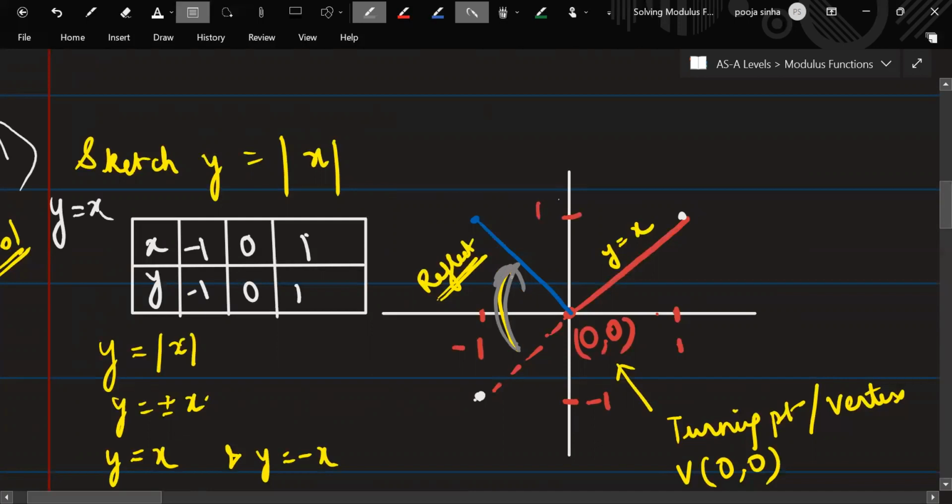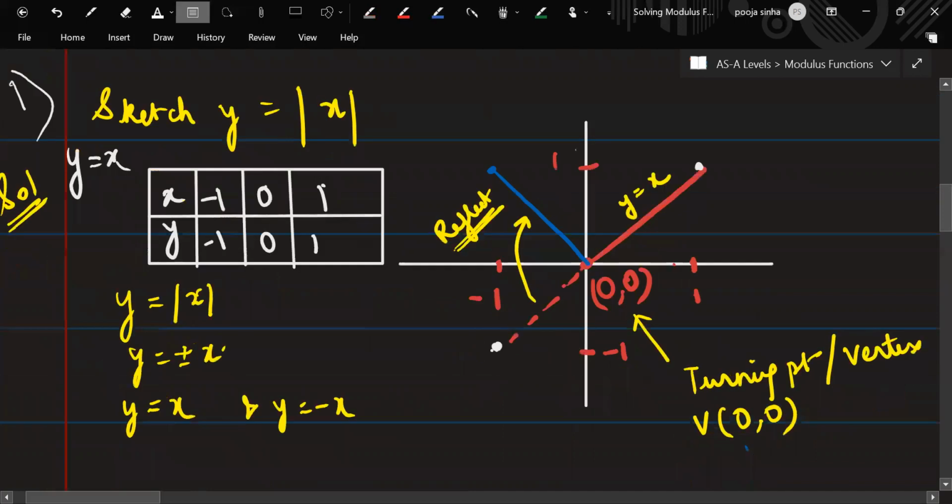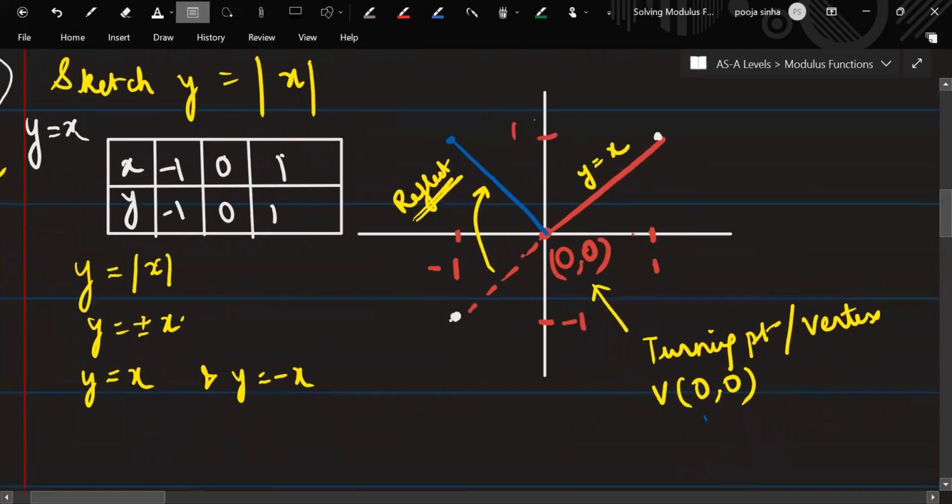So how do you reflect? Over which axis are you reflecting it? Over the x-axis, right? So the negative y becomes a positive y, and your x value remains as it is.